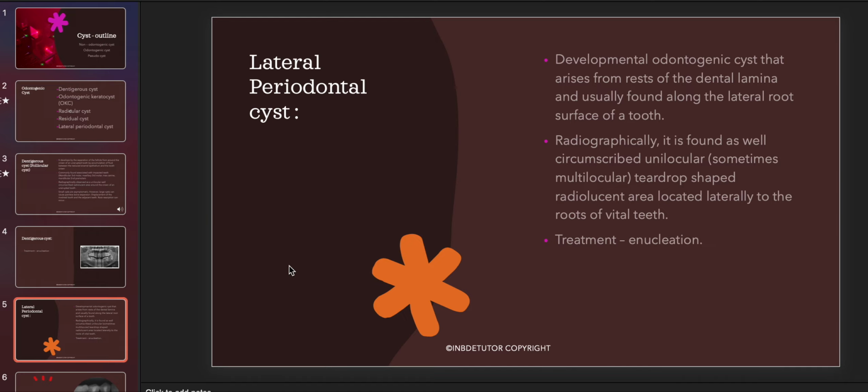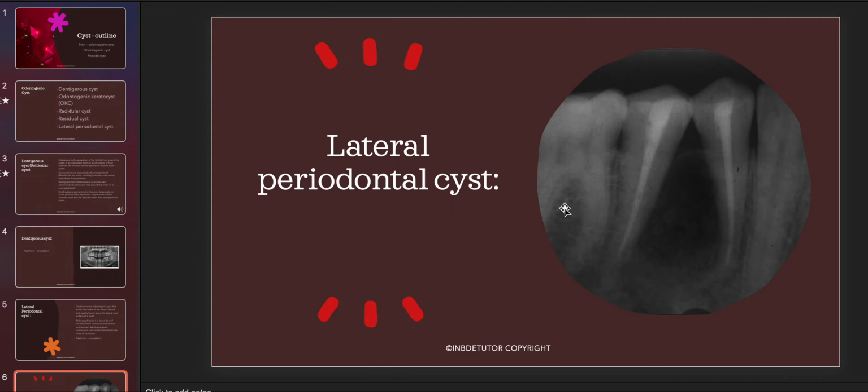Again, the most common location is the mandibular canine premolar area, and the lesions are usually painless. Radiographically, again, they are well circumscribed unilocular lesions, and the associated teeth are vital. Treatment is again enucleation. Now, if you would see in the radiograph, there is a teardrop-shaped radiolucency present in the mandible and between the canine and the premolar, guys.